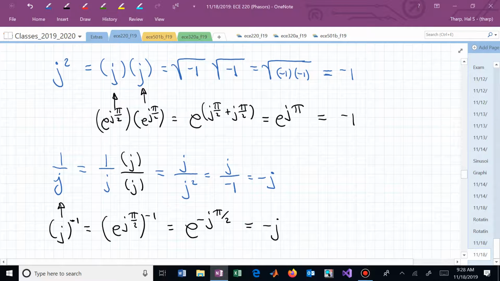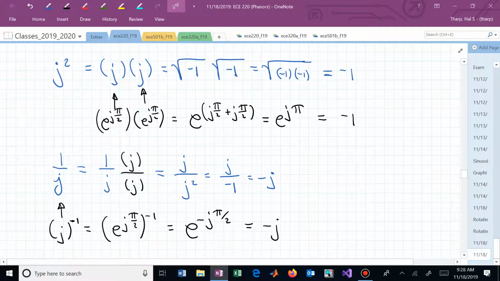Similarly, if somebody now wants to invert j, what does that do? Well, you can multiply it by 1, which is j over j. Now you have j squared in the denominator. That's minus 1. That can be absorbed into the scalar, so that now 1 over j is just minus j.